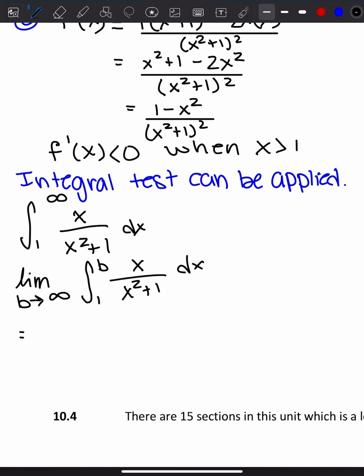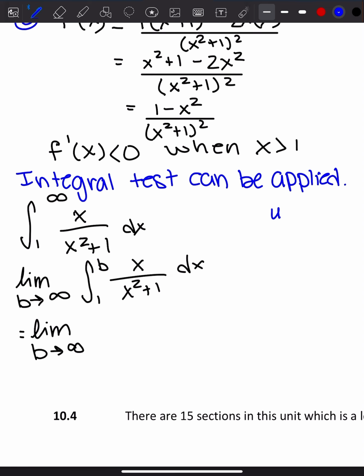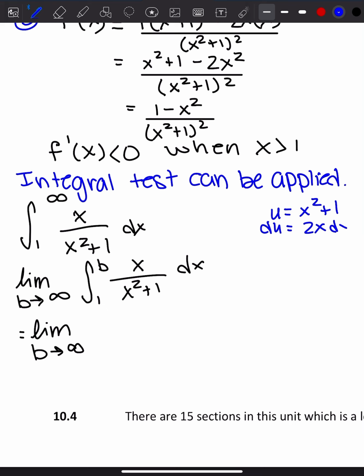x squared plus 1 is really close to what we would need. We would technically use u substitution here, where u would be x squared plus 1 and du would be 2x.